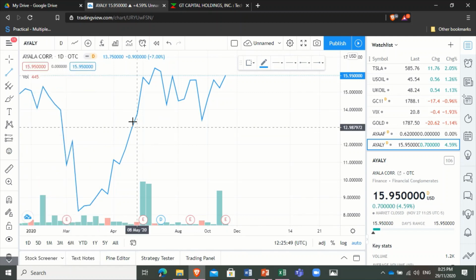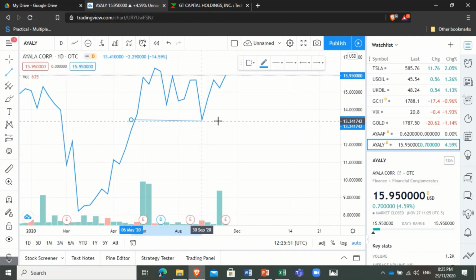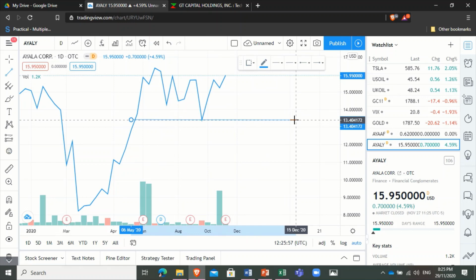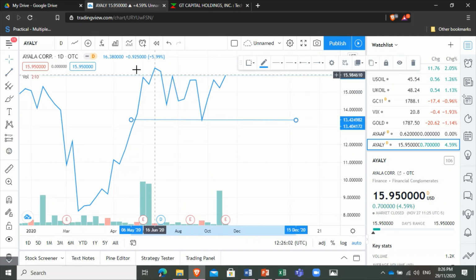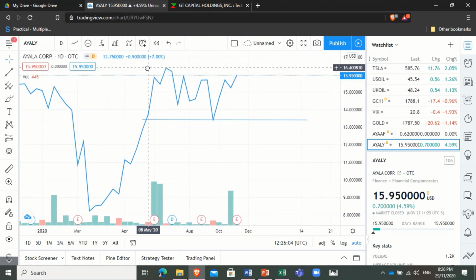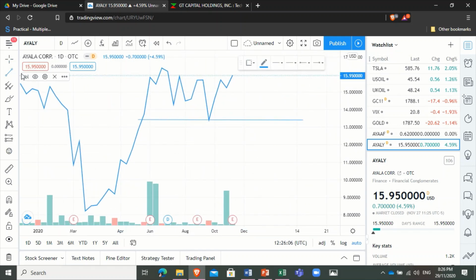Pero itong trend line, pwede naman, you can always put drawings and then pwede mong burahin. It's up to you. No? And then take a picture of it, publish or take a picture. So, pwede mong gawin yon. You can do your own support and resistance line if you want.